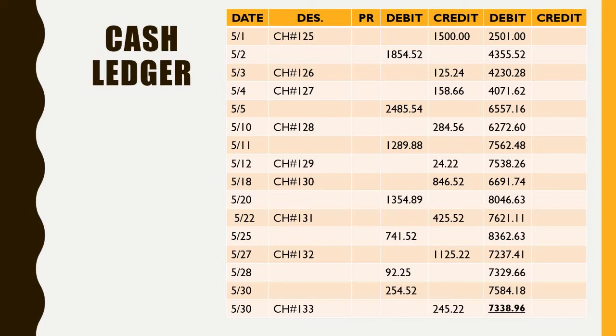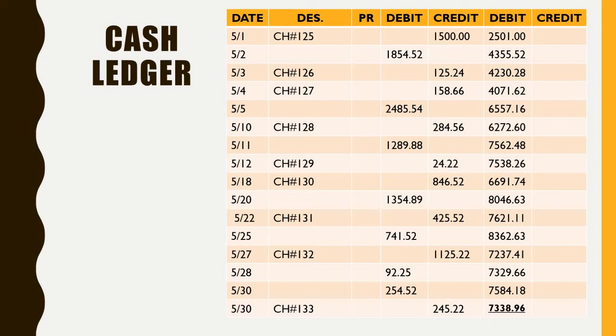Usually, when we look at our ledgers, you'll see that there are two debits and two credits. Your debit and credit is going to be what you journalize in your journal, and then your normal balance side is going to reflect what it currently stands for, the balance in your bank in this case. All right. So if I follow my line along here, the last thing I wrote was check number 133.